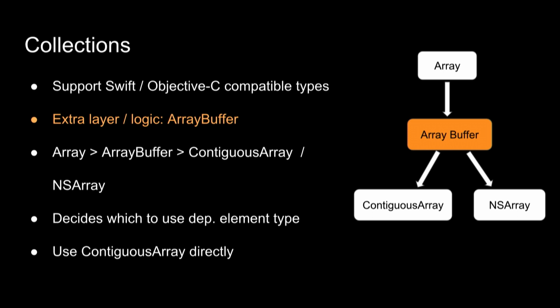By default, it uses contiguous array if the element type is a value type, and NSArray if the element type is a reference type, or an Objective-C compatible type, meaning a type that conforms to an Objective-C protocol, for example. This extra layer and logic lead to a size increase. So if you don't need Objective-C compatibility, it might be better to use contiguous array directly, so it doesn't go through this extra logic. And this can be beneficial to performance as well.